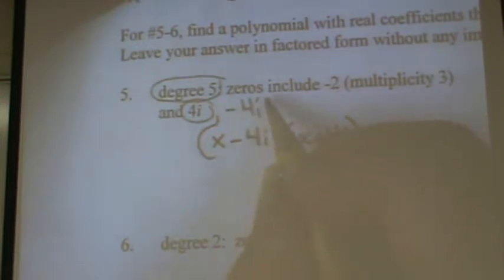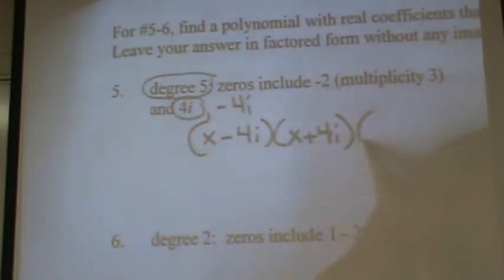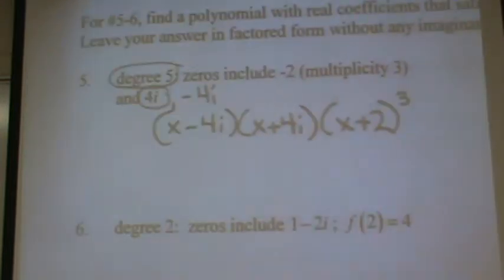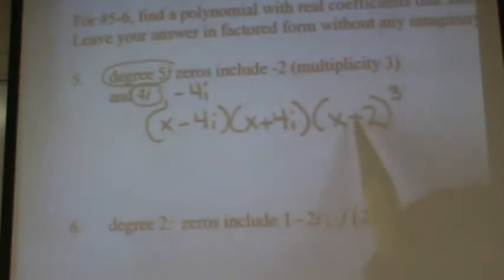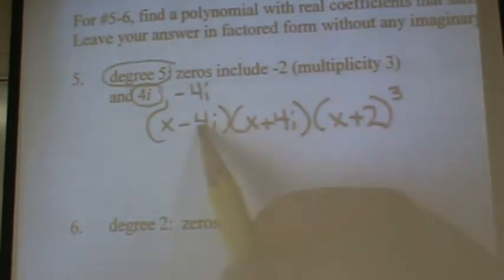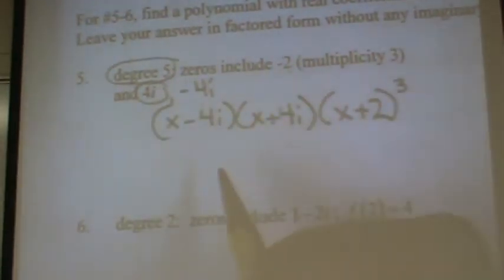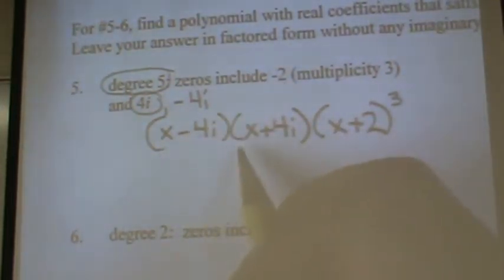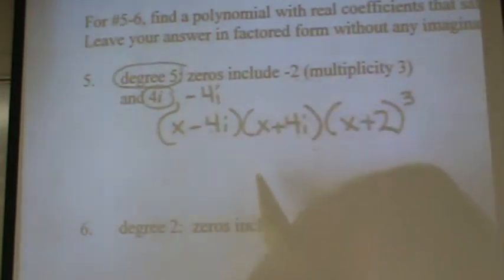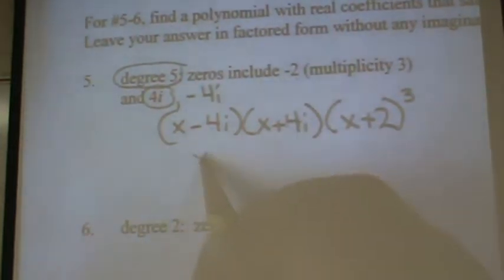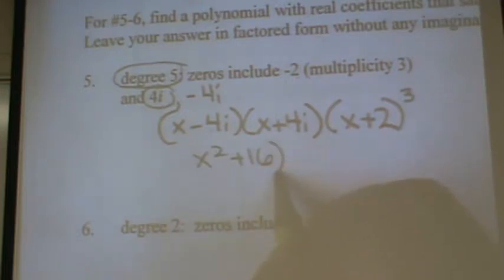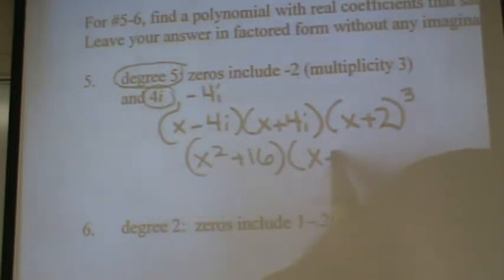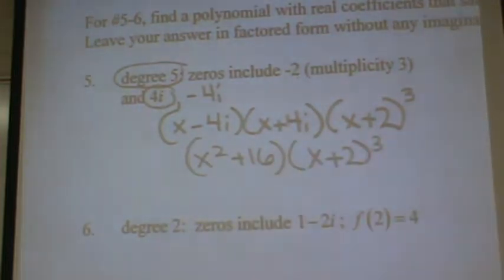The other zero is negative 2, so it's x plus 2, but it has a multiplicity of 3. Count to make sure you get 5: 3, 4, 5. It works. It says to leave your answer in factored form, but not with imaginary zeros, so this needs to be factored: x squared plus 16. You can stop. You don't have to factor this anymore.